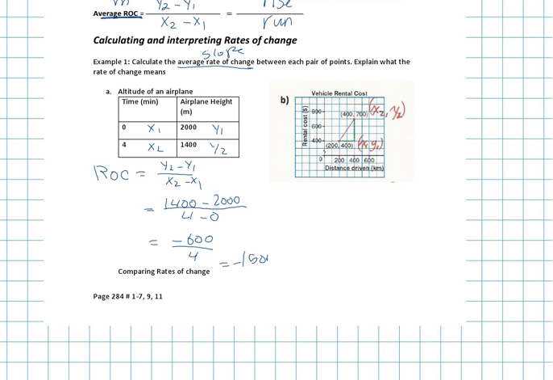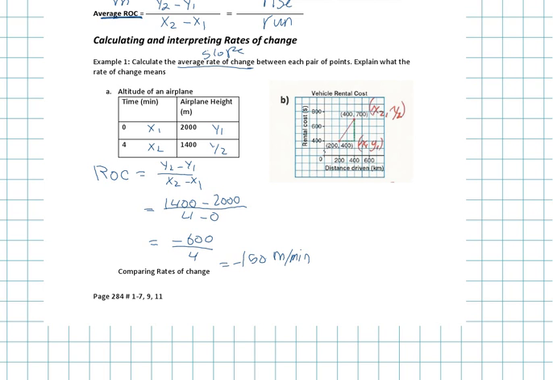Now since it's y over x, rise over run, it's going to be meters per minute. You see how I have to include the unit for that.